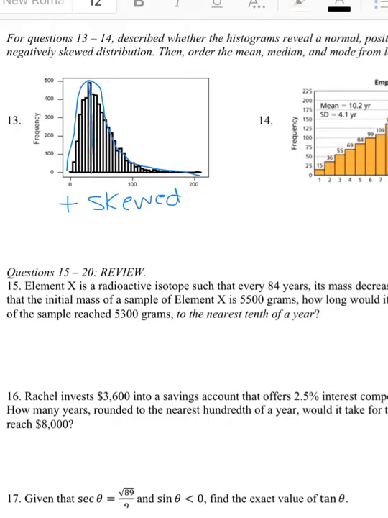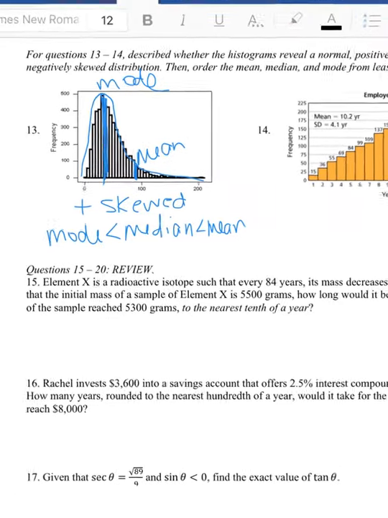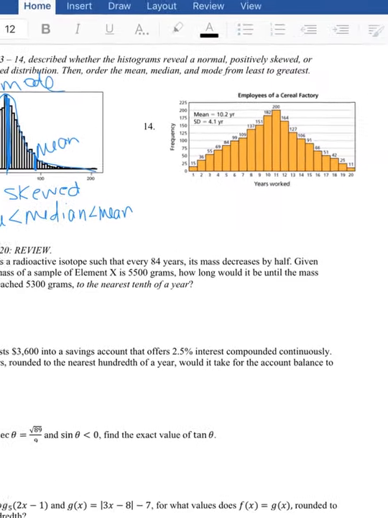So this is going to be my mode, and then the mean goes off with the tail. So the mean would be down here, and the mode would be up here, and then the median's always in the middle of them. So the mode for number 13 is less than the median, is less than the mean. Mode less than median, less than mean. The mean is the largest one for number 13.